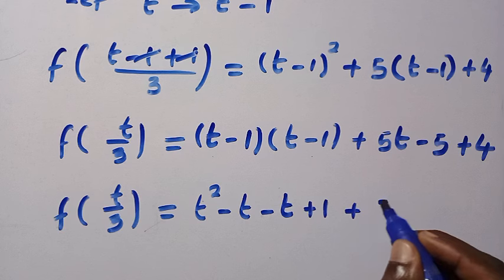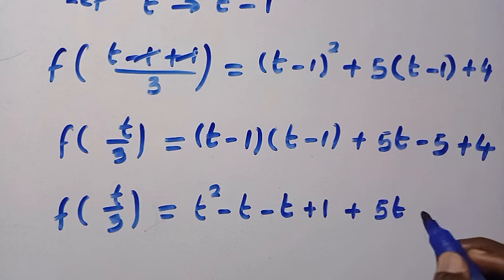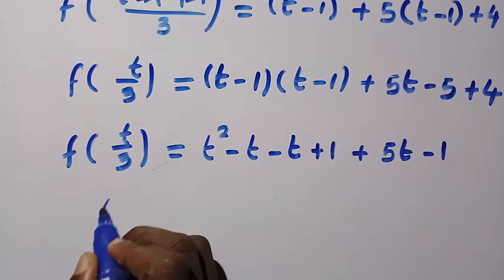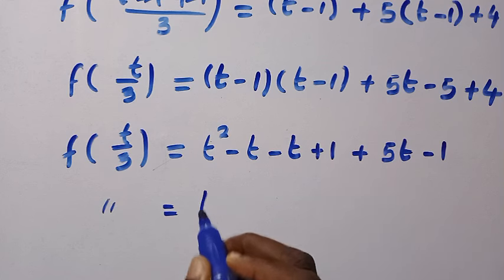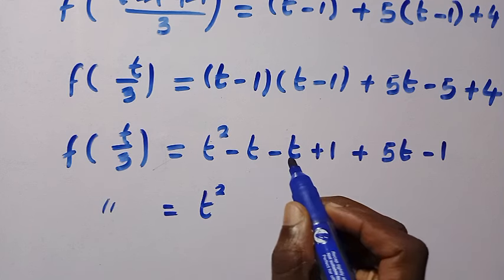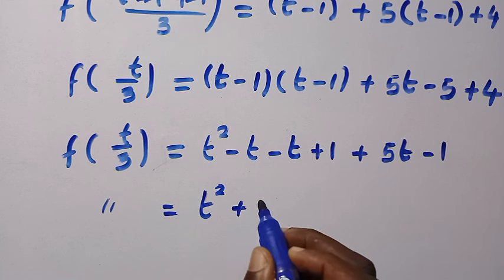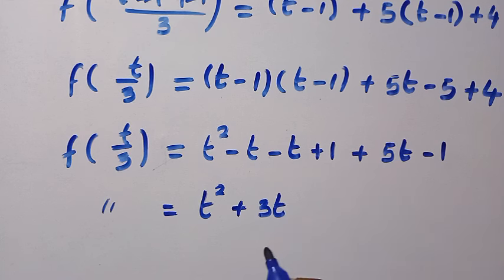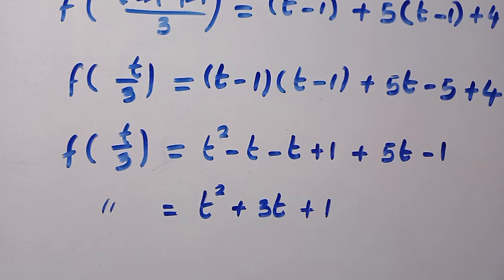Then plus 5t, minus 5 plus 4, that gives us minus 1. So if this one remains the same, we have only t squared here. We write it as it is. But here we have minus t, and here is plus 5. This becomes plus 3t, and here is plus 1.